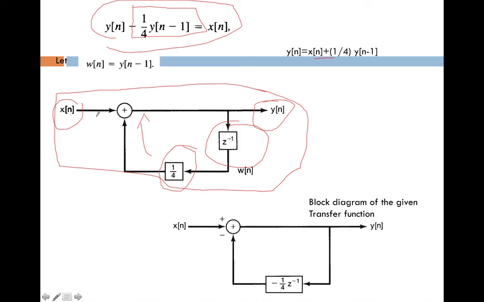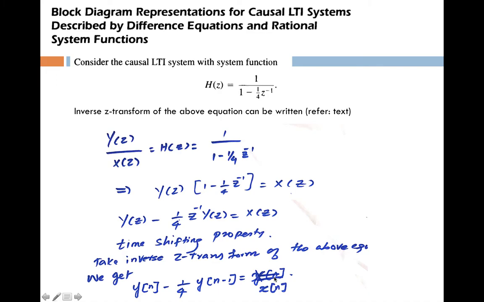By adding, I will get y of n. So you can even represent this block like plus minus, but if you are using plus plus, then there is no change here, plus, and here also plus, then there is no problem. If you are using plus minus, then you have to put a negative here. Okay, so both are same.